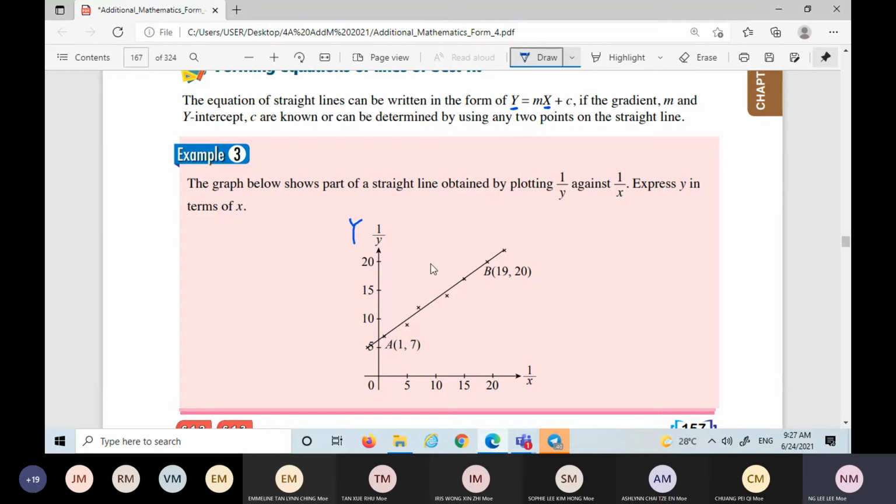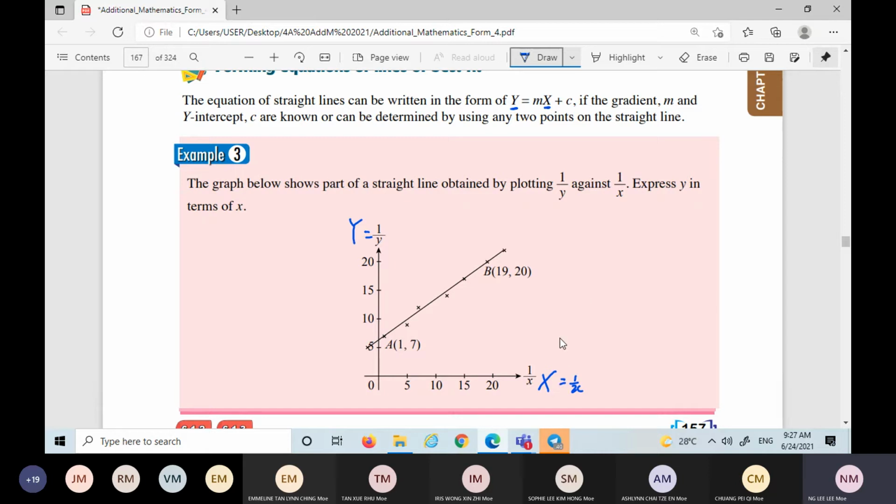Now you set the capital letter X as 1 over x, and the capital letter Y as 1 over y. If you write 1 over y and 1 over x in the straight line equation, it is quite confusing.